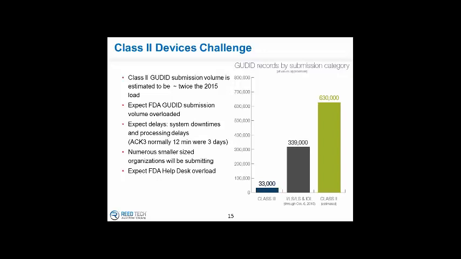For example, we were seeing some times that were normally 12 minutes for acknowledgement 3 to be returned, and that was extended up to 3 days just prior to the compliance date. So that can be problematic, something you want to consider.